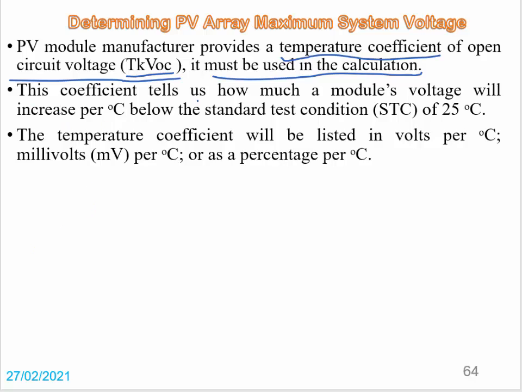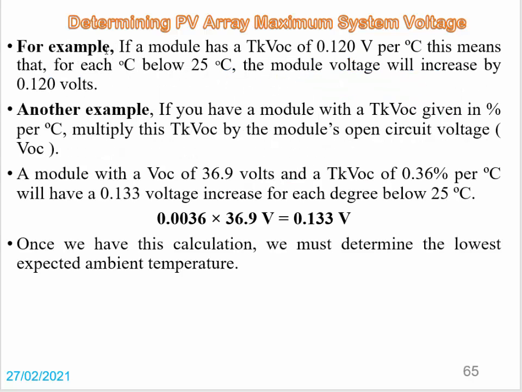This coefficient tells us how much a module's voltage will increase per Celsius below the standard test condition, STC, of 25 Celsius. The provided coefficient is for the standard condition at temperature 25. The temperature coefficient will be listed in volt per Celsius, millivolt per Celsius, or maybe a percentage per Celsius. How to deal with this coefficient, we are going to see in the next slides.